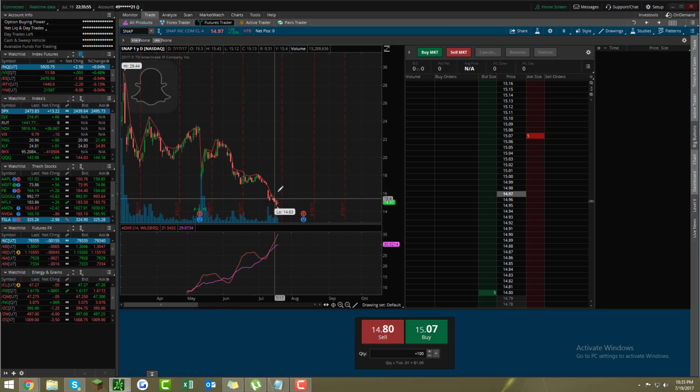So Snapchat here had a high of 29.44. Then just 2 or 3 days later, the stock started to fall in share price.